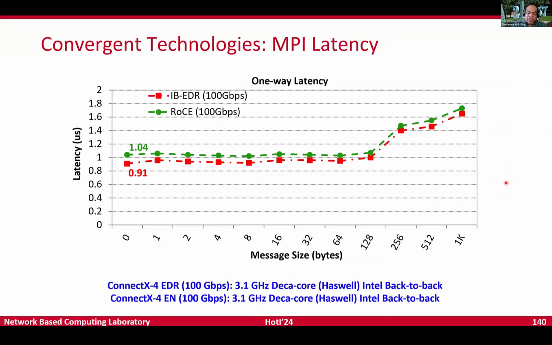If we take a look at the RoCE adapter we saw earlier at the lower level, this is one level up. You can see that, for example, IB was 730 nanoseconds, and this is 991. So around 140 nanoseconds is the overhead MPI is providing on top of the network, just to give you a ballpark.